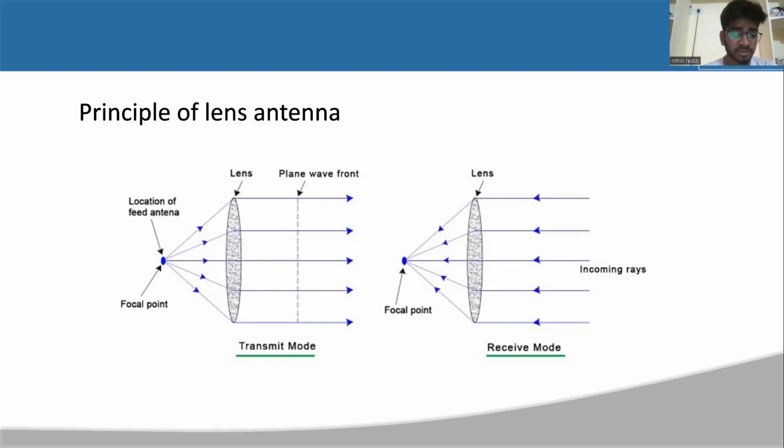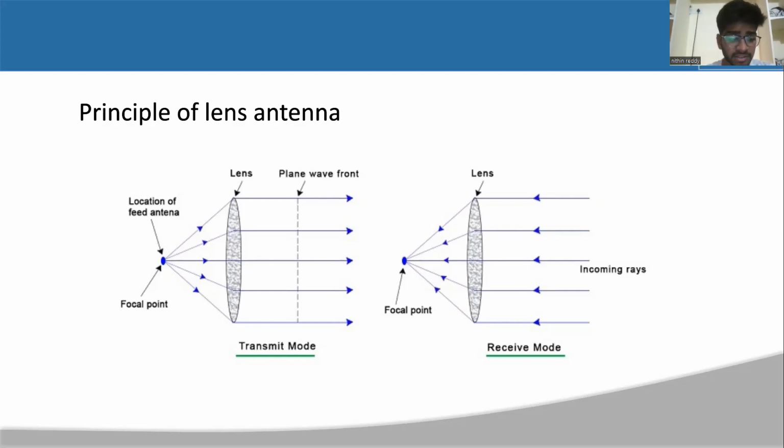And it depicts the working operation of a lens antenna as shown. A feed antenna is used at the focal point of the lens. The two different modes of lens antennas are shown, transmit mode and receive mode. As shown in the transmit mode, diverging rays are collimated, which forms a plane wavefront after they are incident on a lens and come out of it.